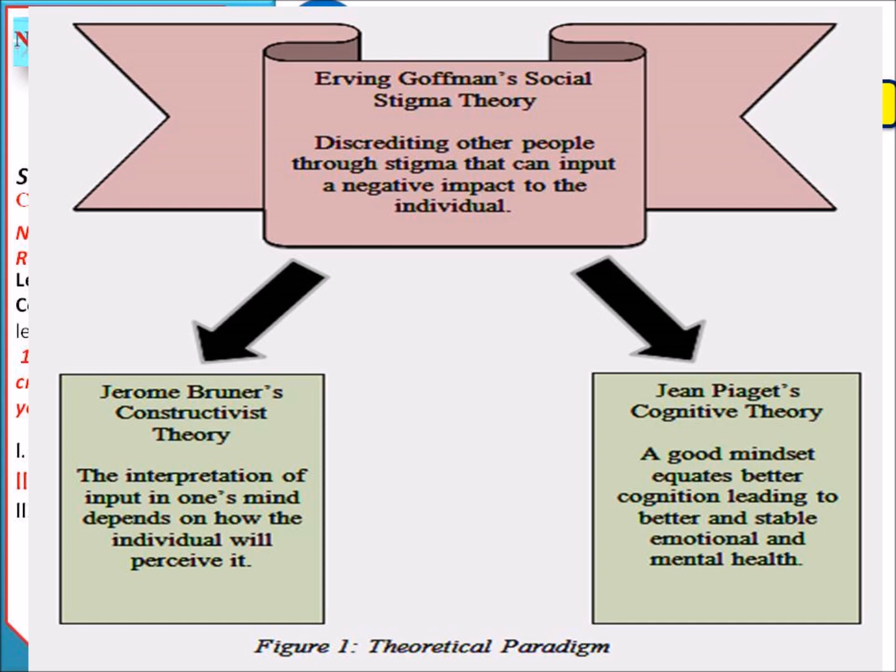And on Jean Piaget's cognitive theory, a good mindset equates to better cognition, leading to a better and stable emotional and mental health. So all of these theories point to the discrimination experienced by the COVID-19 patients of Castilla.